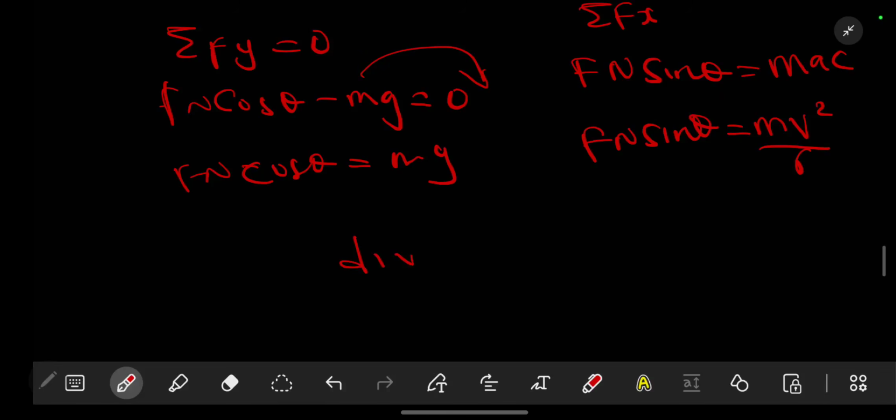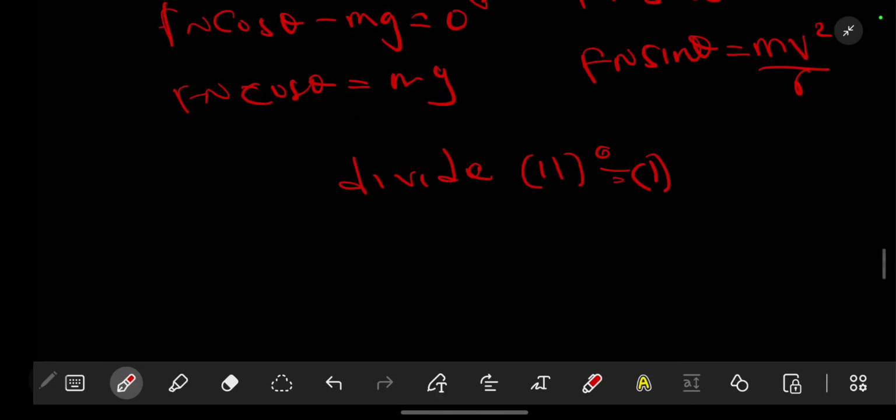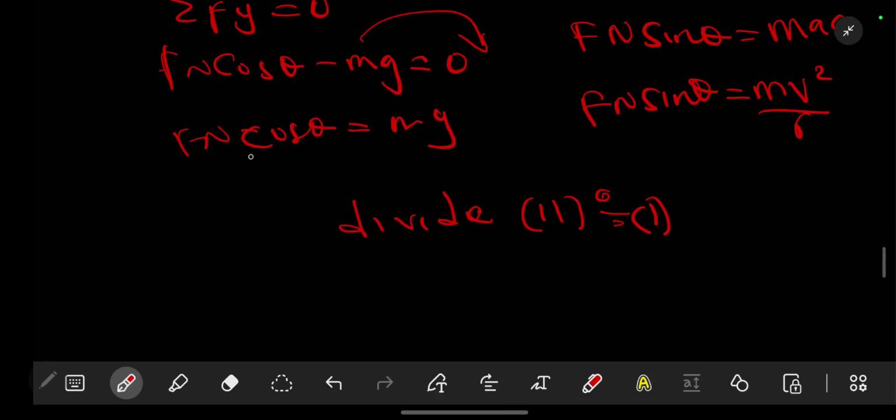Then we divide equation number 2 by equation number 1. Just in case, if you want, you can make Fn the subject of the formula, then replace whichever one, it still works. So we have our Fn sine of theta equal to mv squared over r.